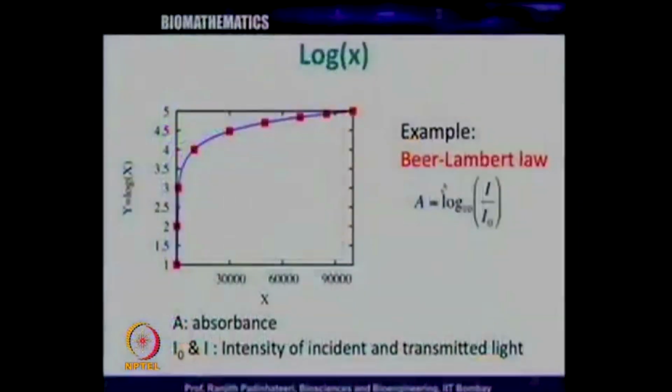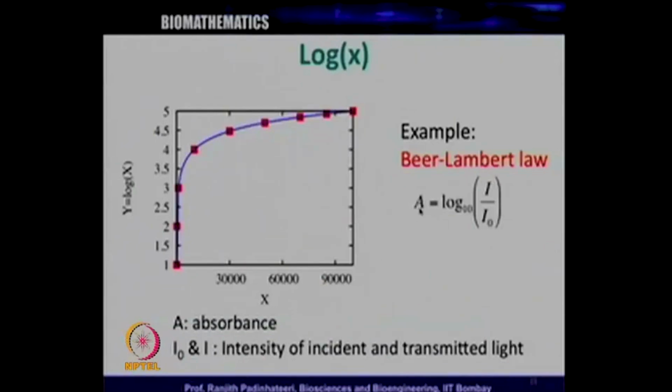So, now what is the use of this log? As you see here in this slide, many of you might have learned the Beer-Lambert law, which is a law that relates absorbance to light.